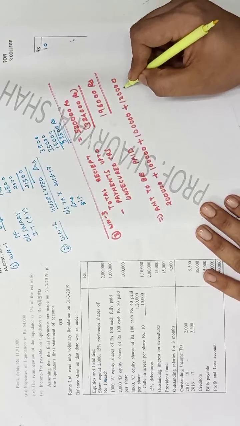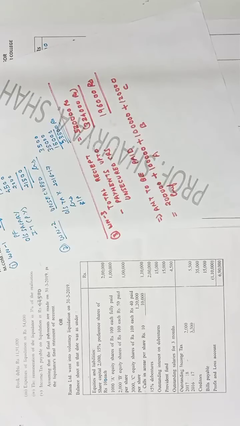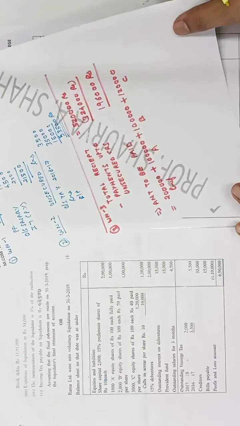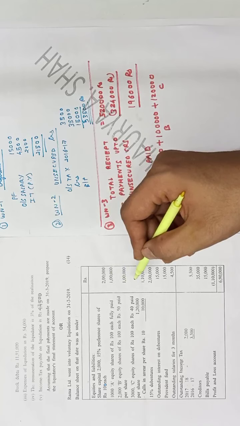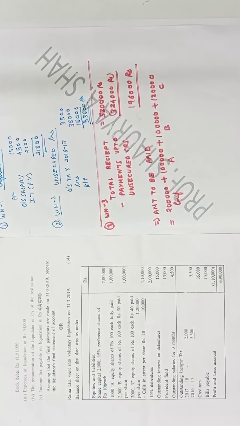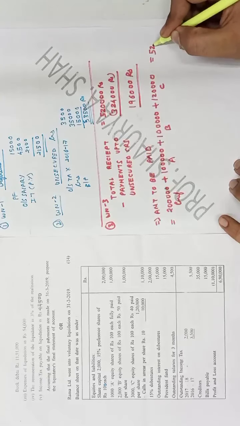So I'm writing it for your knowledge so that you don't get confused. 2 lakh rupees for preference shares, 1 lakh rupees for A type, 1 lakh rupees for B type, and 120 for C type, right? Is it clear, all of you? So this is the total amount I need to pay to all the stakeholders, that is shareholders.